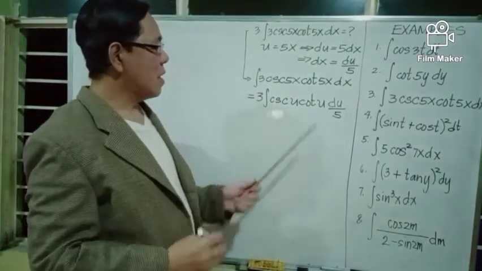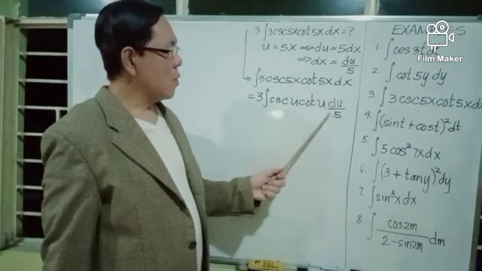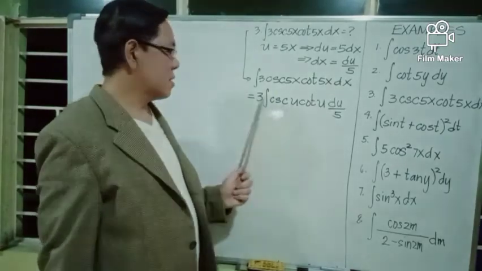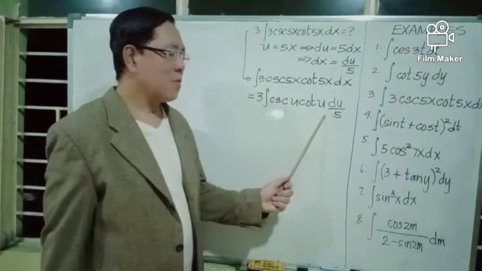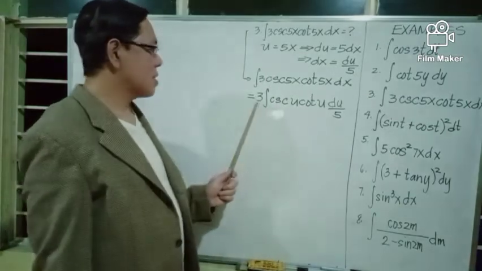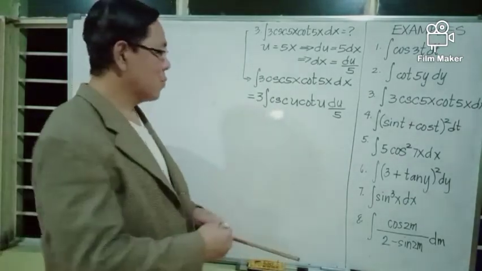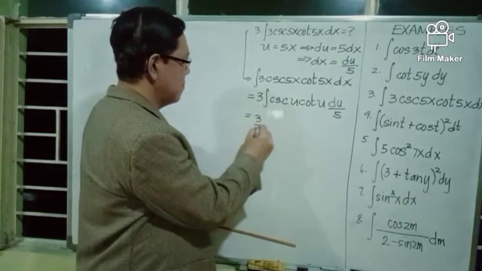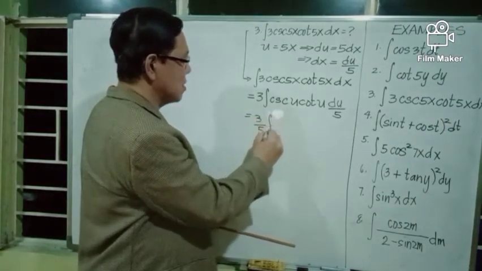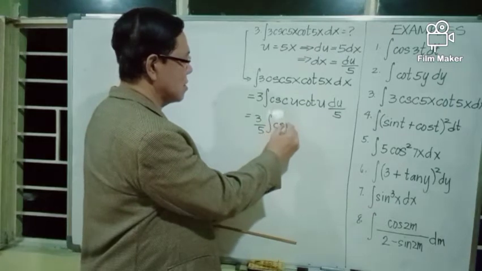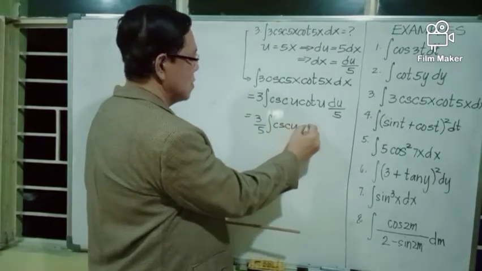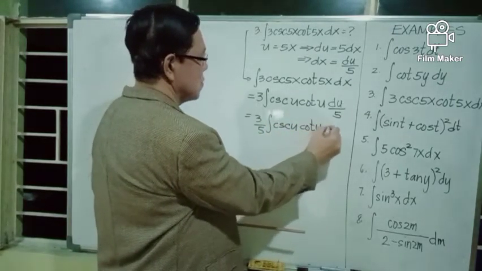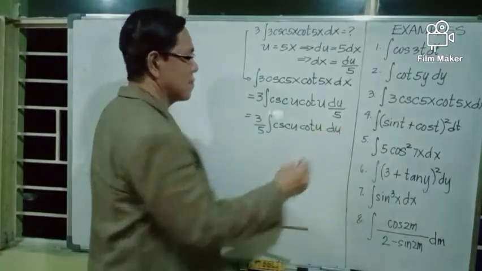Again, we bring 1 over 5 out of the integrand. And we multiply 1 over 5 by 3. We get 3 over 5 times the integral of cosecant u cotangent u with respect to u.